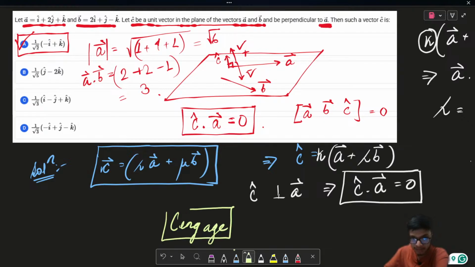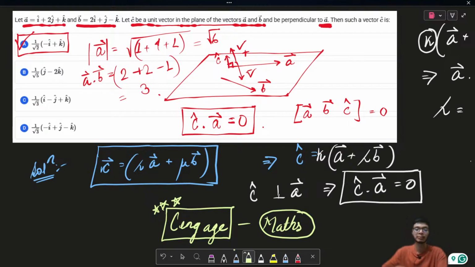It is called JEE Maths by Cengage publication, and that particular book is quite good. For maths, it has 5 volumes, and you can purchase all of them and try to solve the questions after you're done with the theory part.